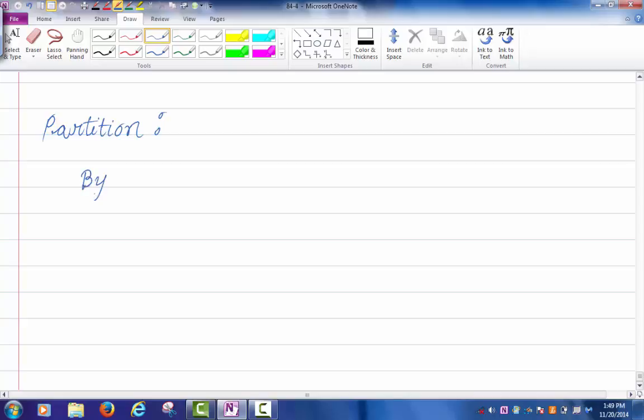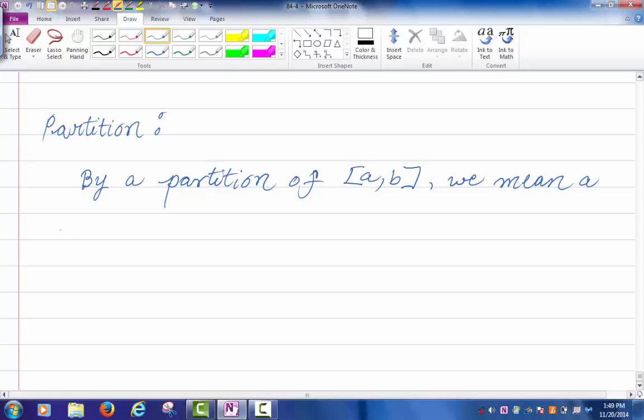By a partition of a closed bounded interval AB, we mean a finite set of points P.